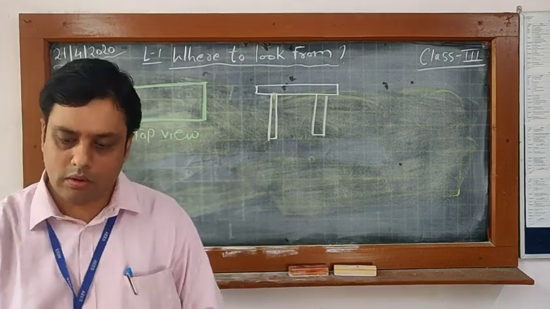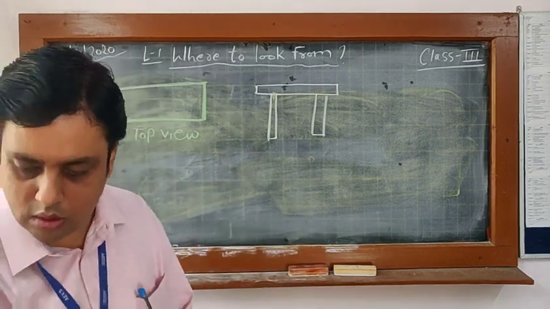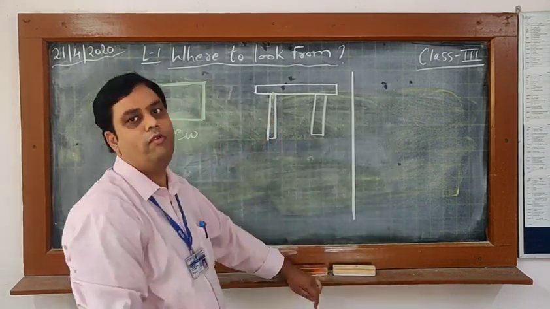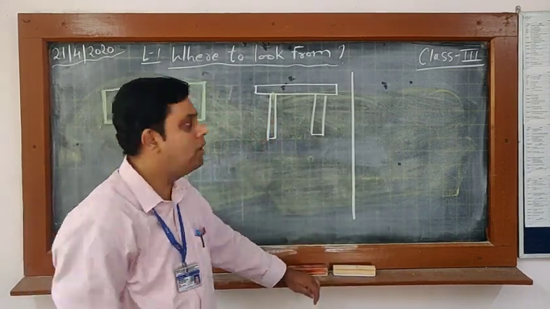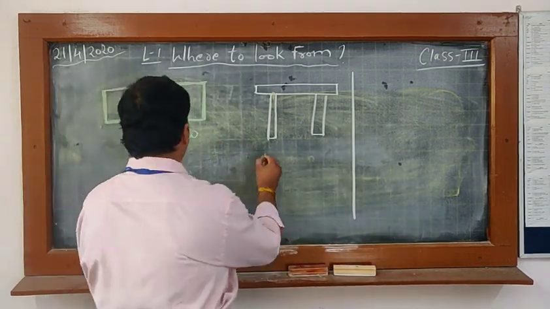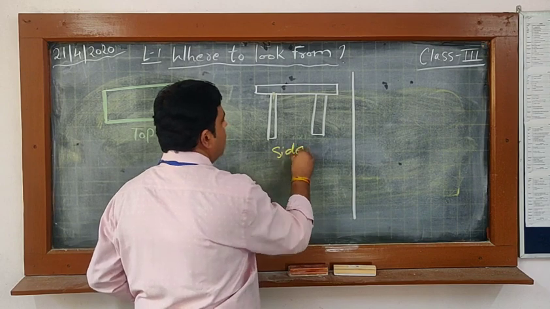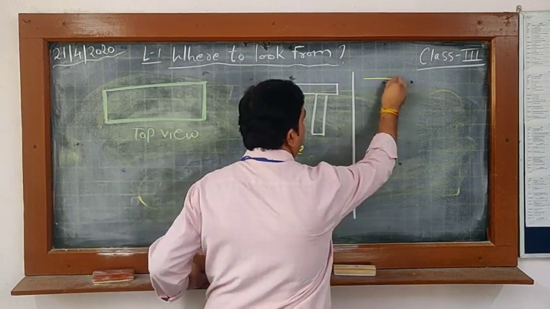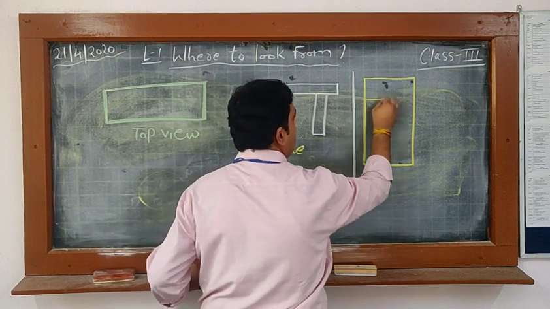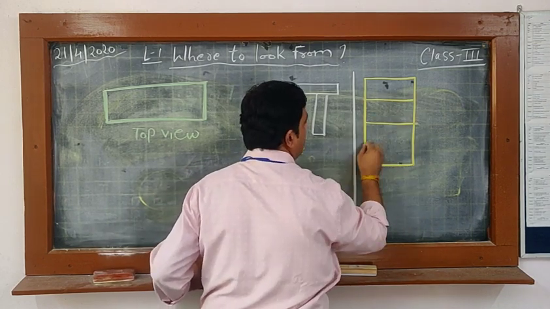Okay. Now some other examples are there also. Cupboard is there. If we see cupboard from the side or front side, it will look in this way.